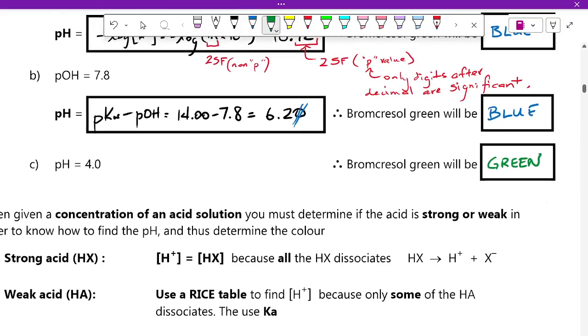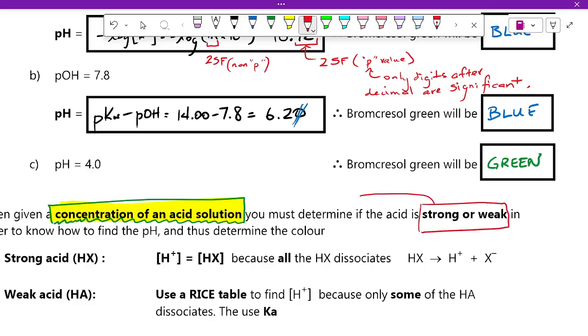If you are given the concentration of an acid solution, this is just a reminder, you already know this from Unit 4. First thing you must do is determine if the acid is strong or weak.